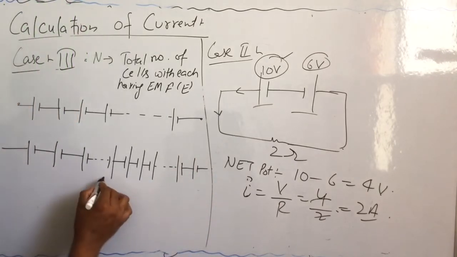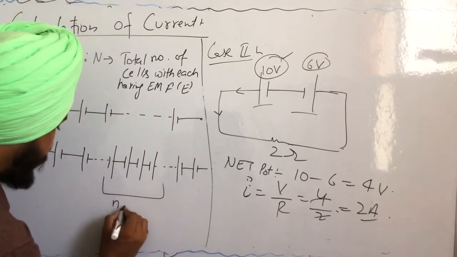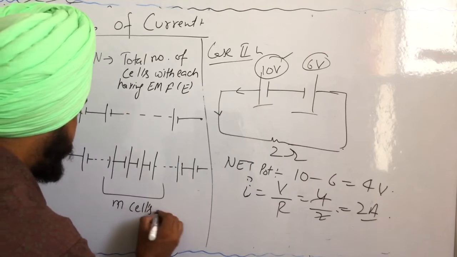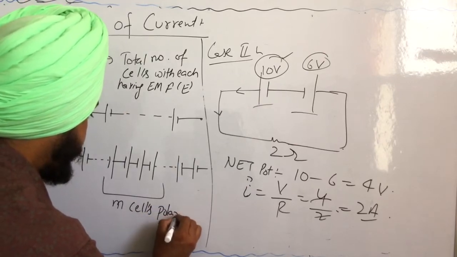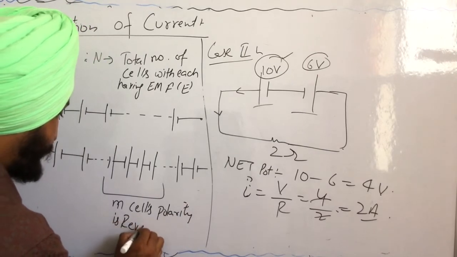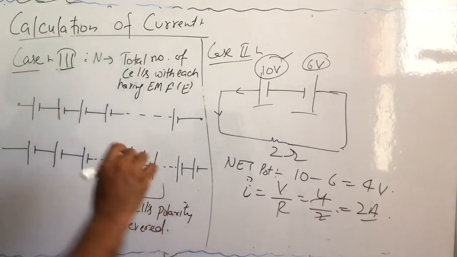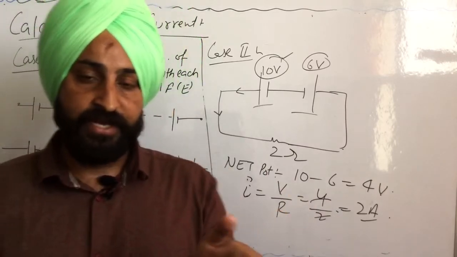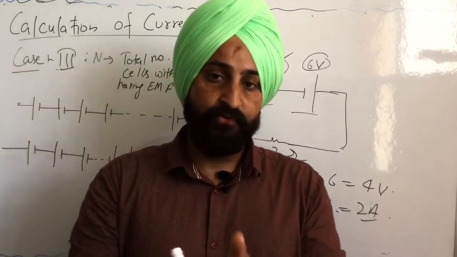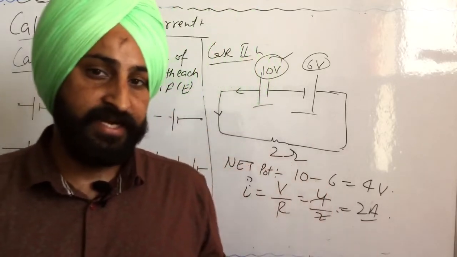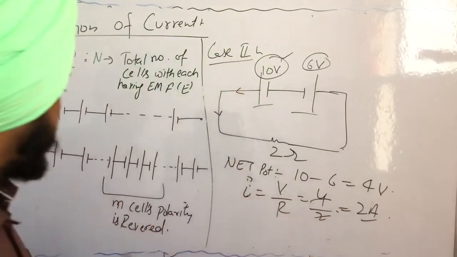So the polarity of these m cells is reversed. Earlier we had n cells, then we reverse the polarity of m cells in between. So what would be the net potential of such a circuit?